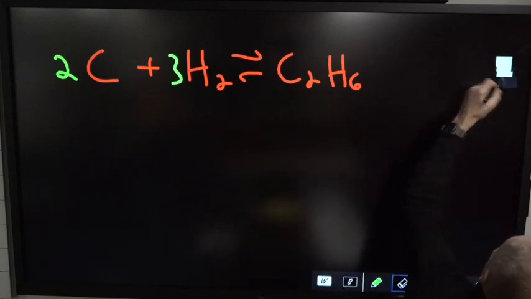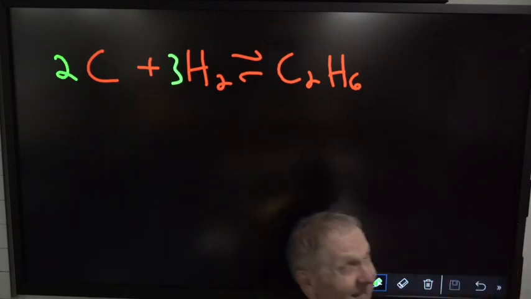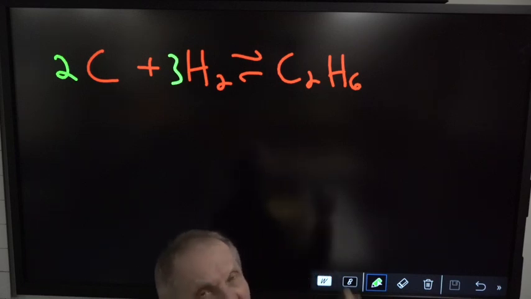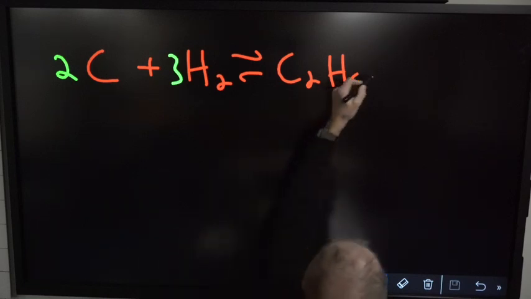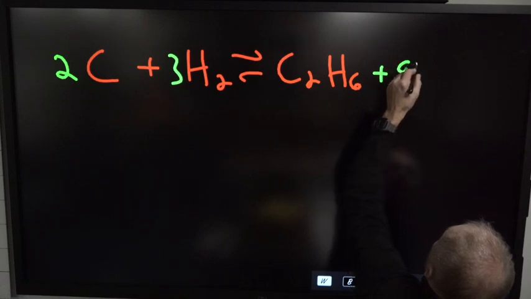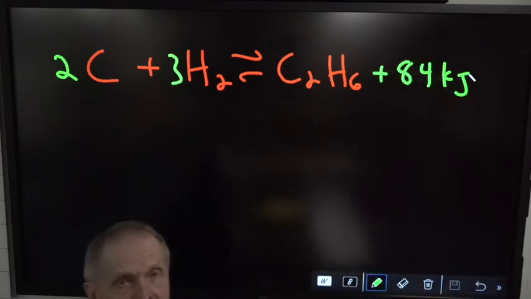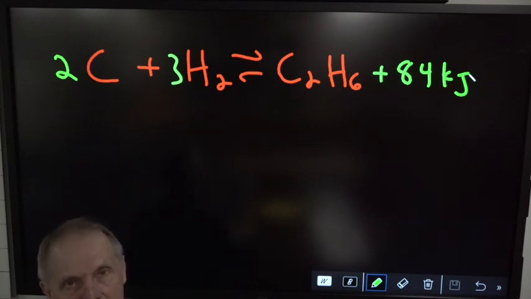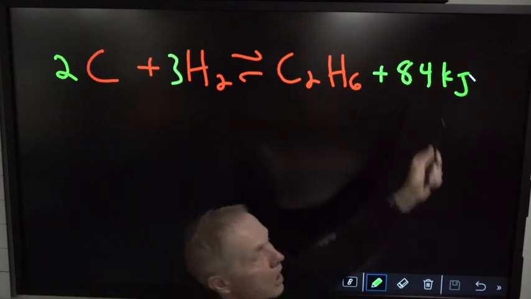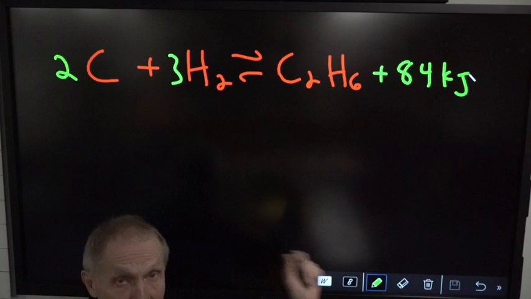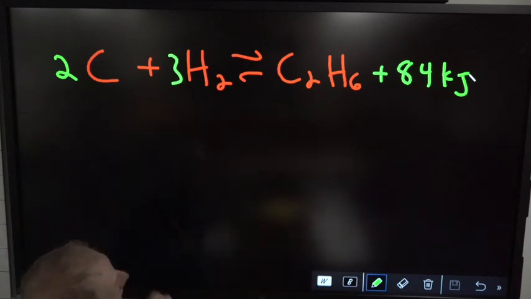So it's a negative 84, but you don't put negative in the equation. You just go like this, plus 84 kilojoules. So remember, if it's a negative delta H, it's an exothermic reaction, you got to put the energy on the product side. If it's a positive delta H, you put it on the reactant side. But here is the reaction.